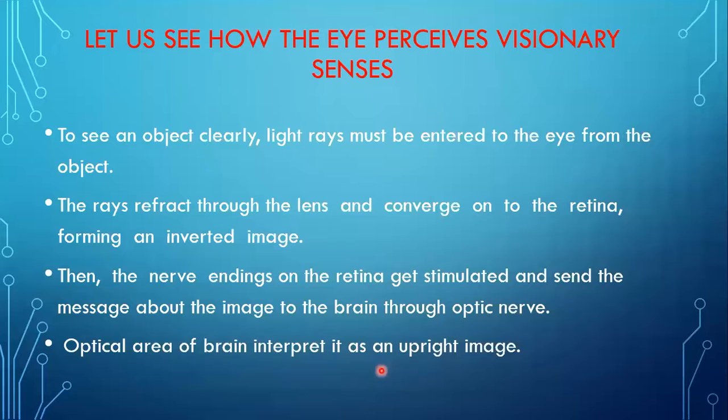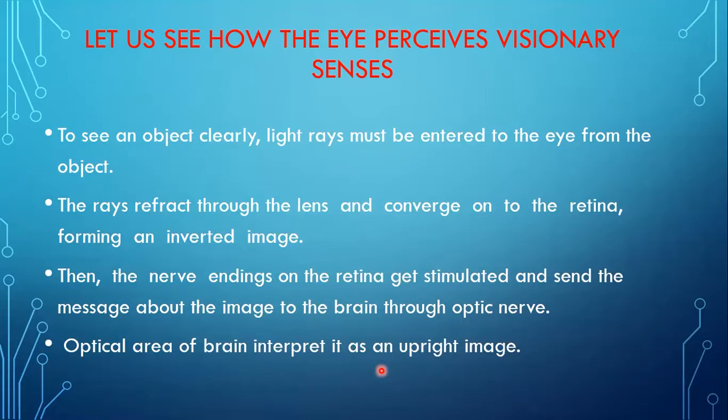Let us see how the eye perceives visual sensations. Let us inquire into the way that our eye functions to give us sight. To see an object clearly, light rays must enter the eye from the object.